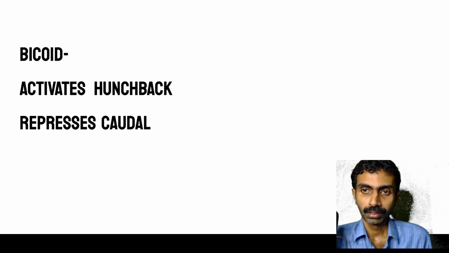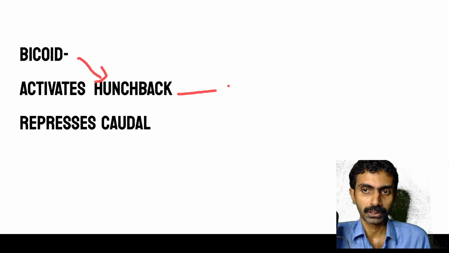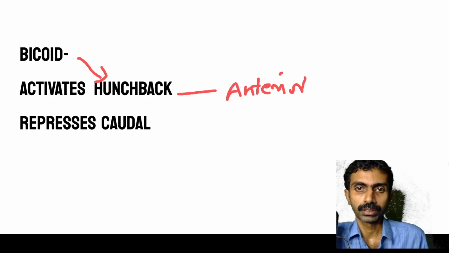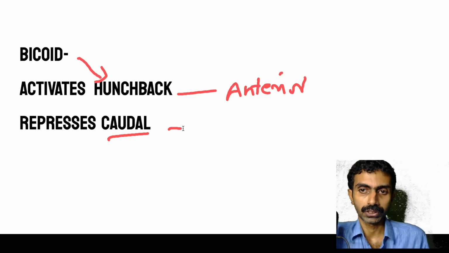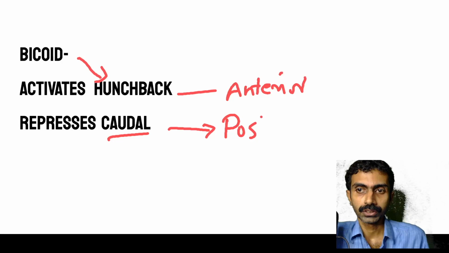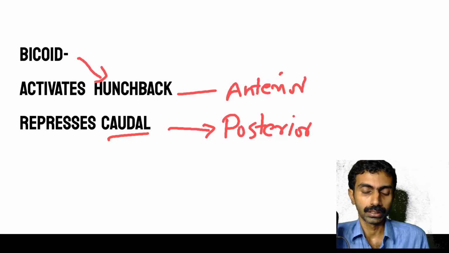Actually it is the bicoid gene that activates hunchback. So where hunchback is expressing, that region becomes the anterior side. You got it. And there is another gene called caudal, and where caudal is expressing, that region becomes posterior. Both of these genes' mRNAs are uniformly distributed along the egg.